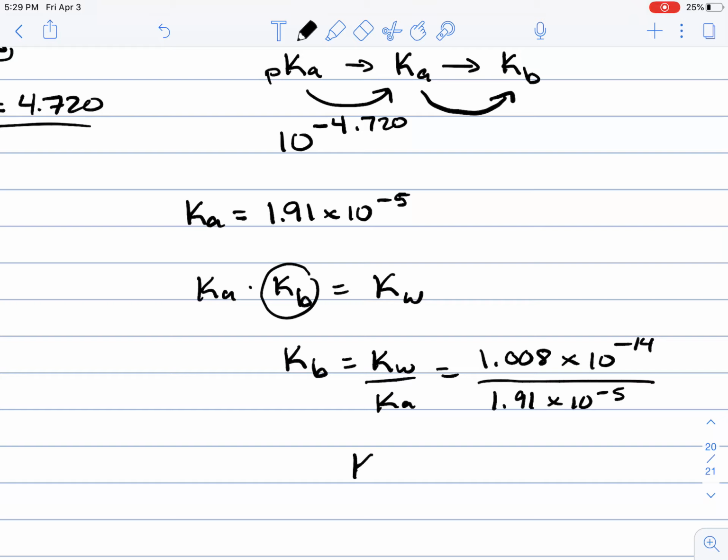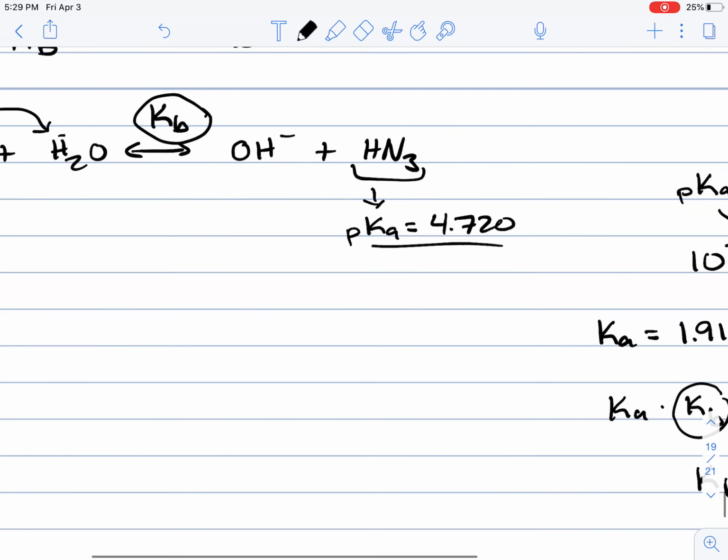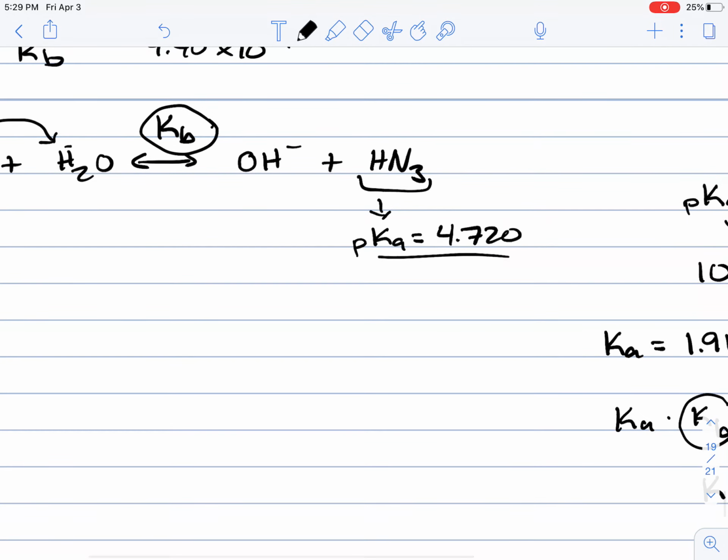And so the value for Kb is going to equal 5.29 times 10 to the negative 10. I'm going to go ahead and plug that number into here. So 5.29 times 10 to the negative 10.